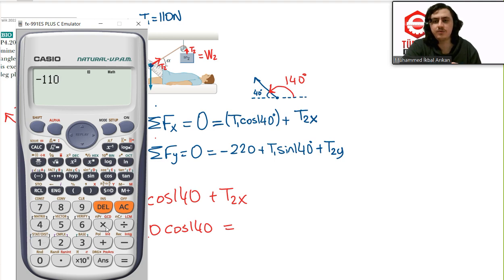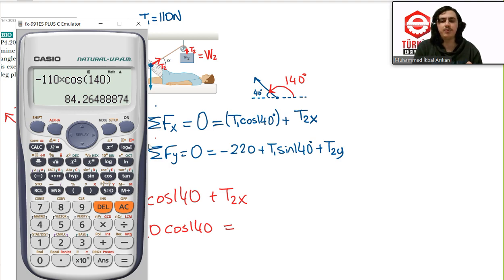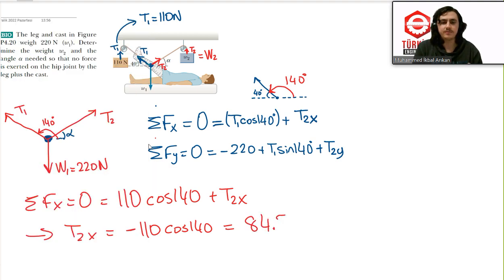Minus 110 multiplied by cosine of 140, just 40. Cosine of 140 will give you a negative sign. So negative multiplied by negative will give you positive. So it is 84.3 newtons. So the first force is calculated.